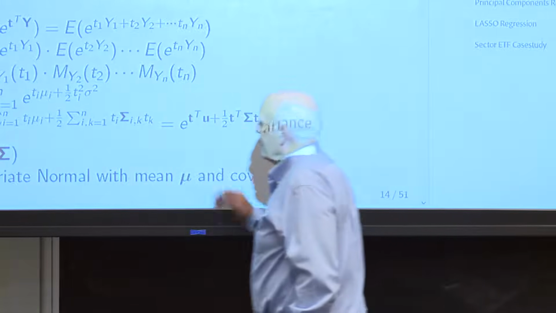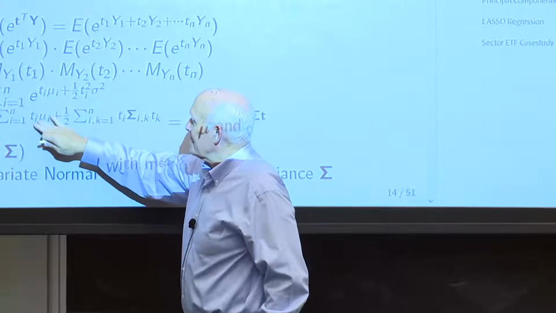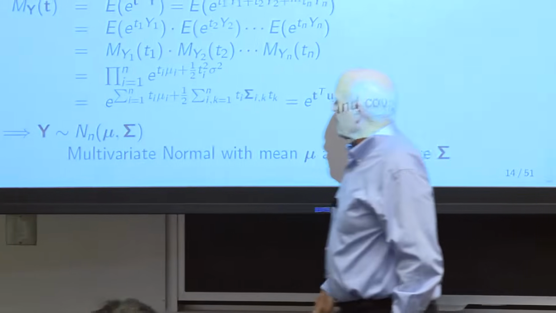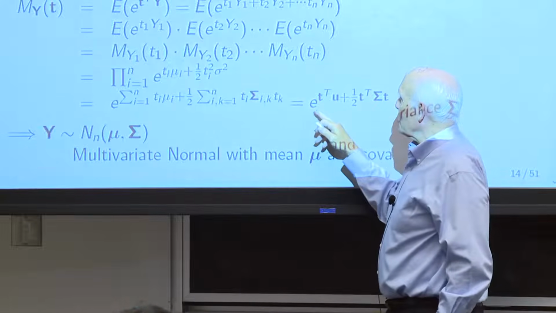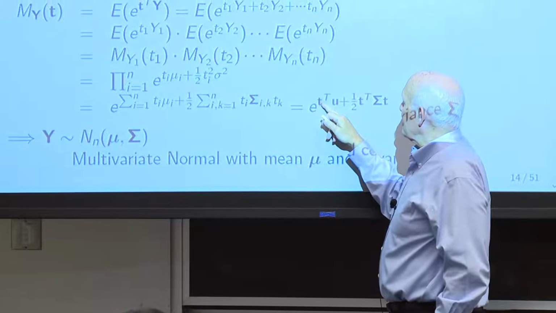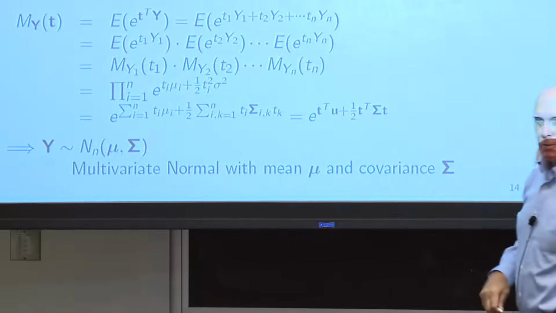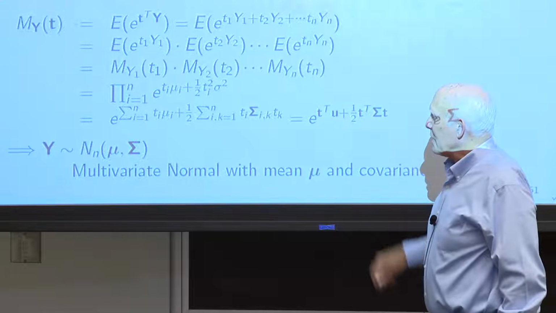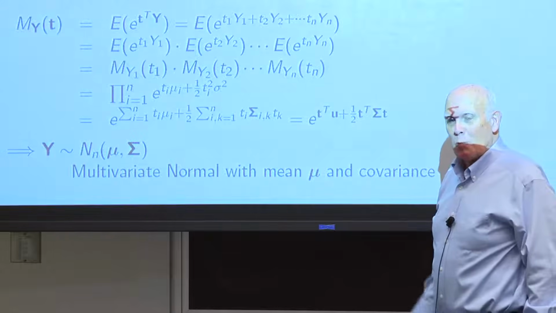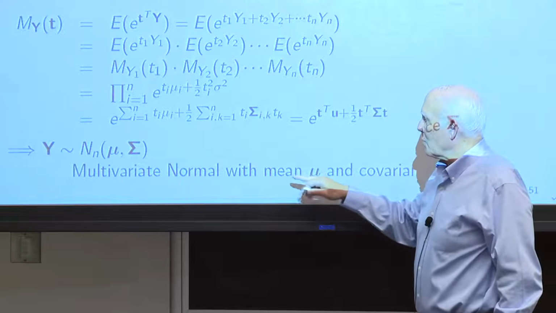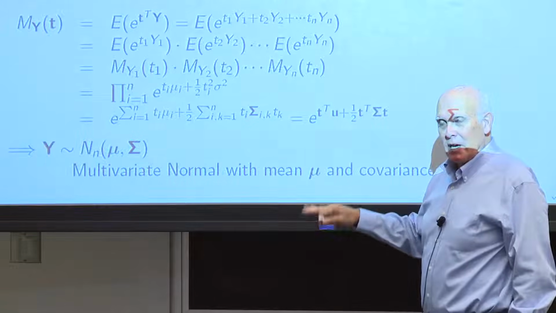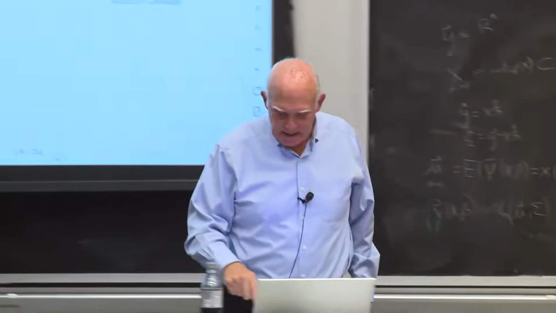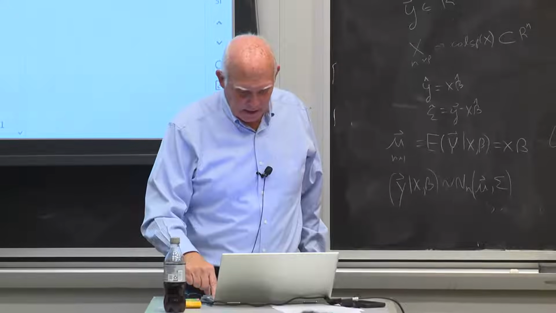Now, what's important from this example is if we take this product of all the moment generating functions and then try to express it in terms of the t vector, the mu vector, and the sigma matrix, we get this formula. And this formula is, in fact, the moment generating function for a multivariate normal with a given mean vector mu and a given covariance matrix sigma. So that result is sort of trivial, not surprising.